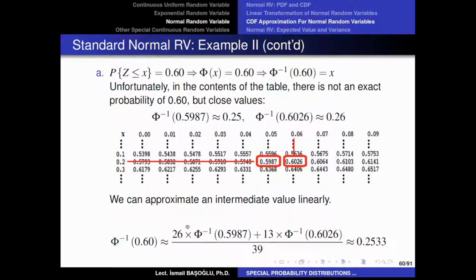So I am going to multiply this value, which is 0.25, with 26, and I'm going to multiply this value with 13, with the opposite distances, and divide the summation by 39, which is going to give me a weighted average of 0.25 and 0.26. So my critical threshold value is 0.2533.